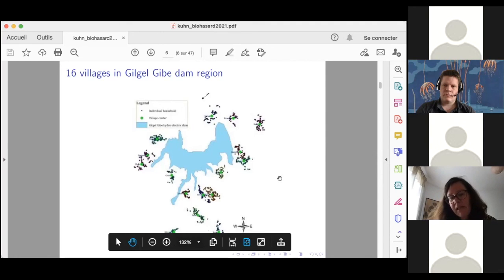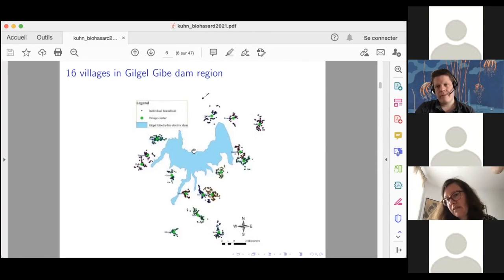And maybe if we analyze only a subset of the data, taking into account villages that are near the dam, maybe we will observe an effect from the covariate distance to dam. But I don't know.